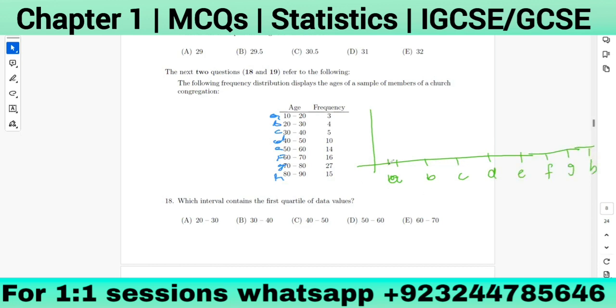So the first one is going to be 3, then it's going to be 4. I'm just doing it without writing the frequency column.